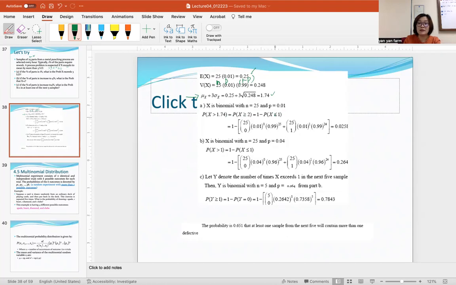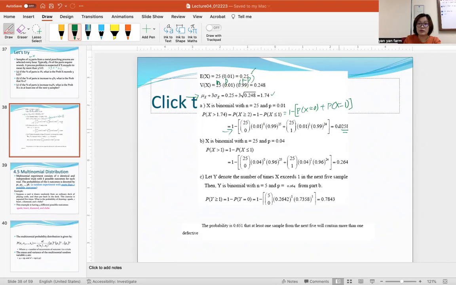So when we do that, we have 1 minus P(X=0) plus P(X=1). Therefore you have this calculation, and this is your answer.